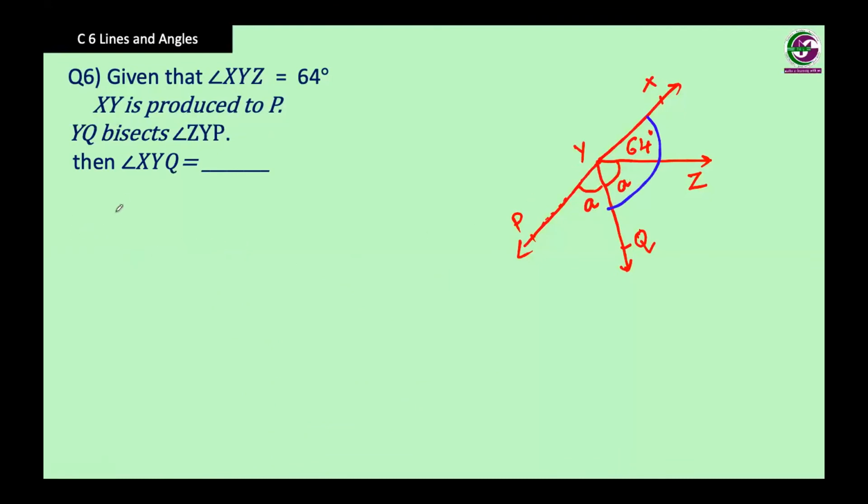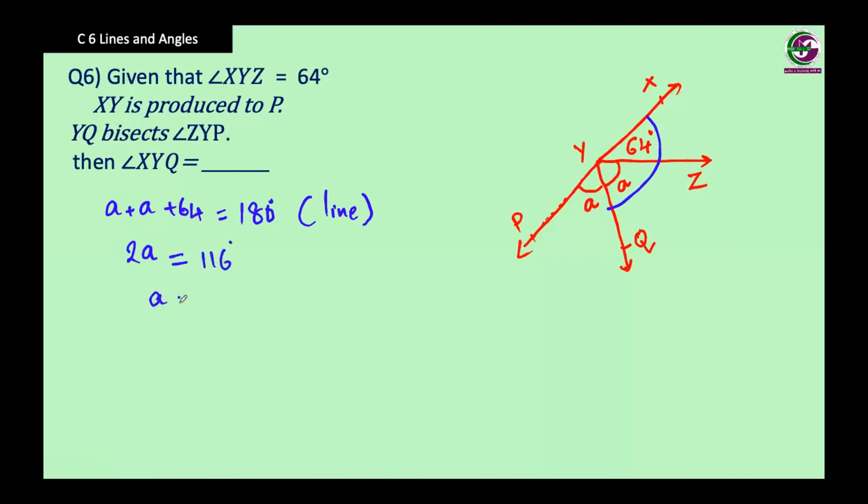Now we know that A plus A plus 64, all of it together is on the line XYP, which is equal to 180 degrees because it is forming a line. A plus A is 2A is equal to 180 minus 64, which is 116 degrees.